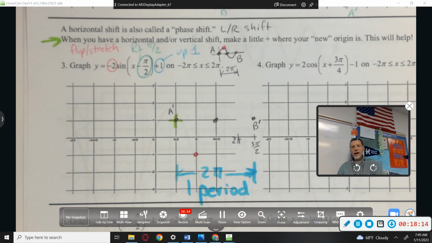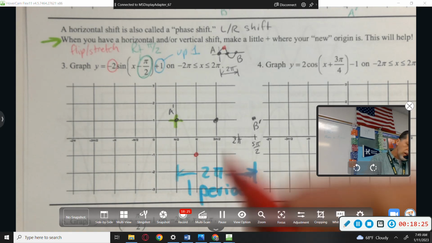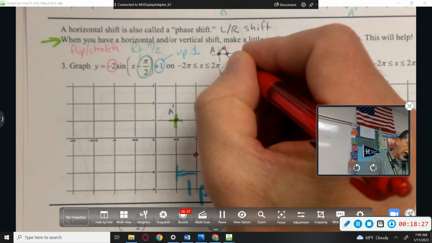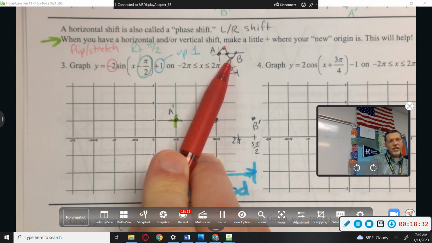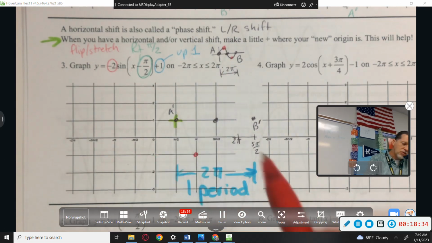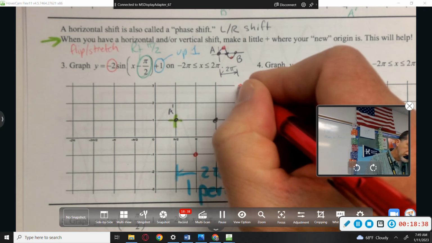It doesn't mean go down 2 from the axis. It means go down 2 from the midline. And then kind of the same thing with my point that was right there. It's going to get flipped to the top and stretched. So it needs to go 2 up from the midline.